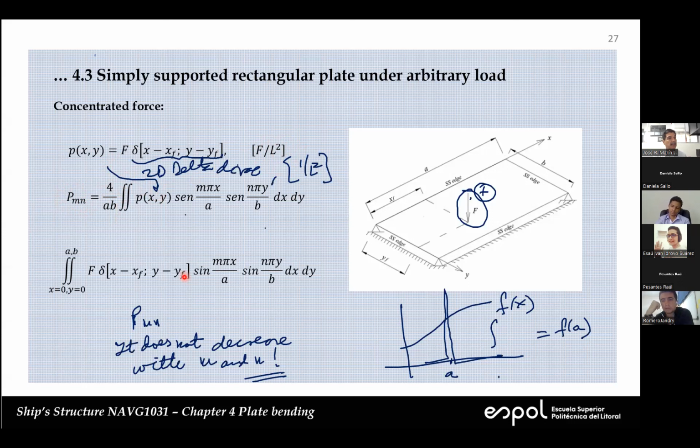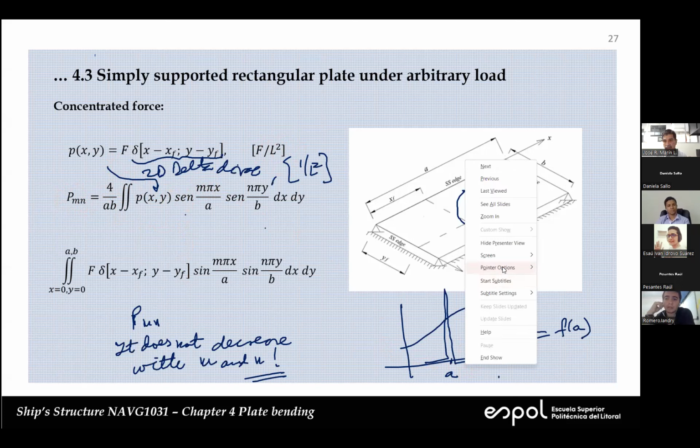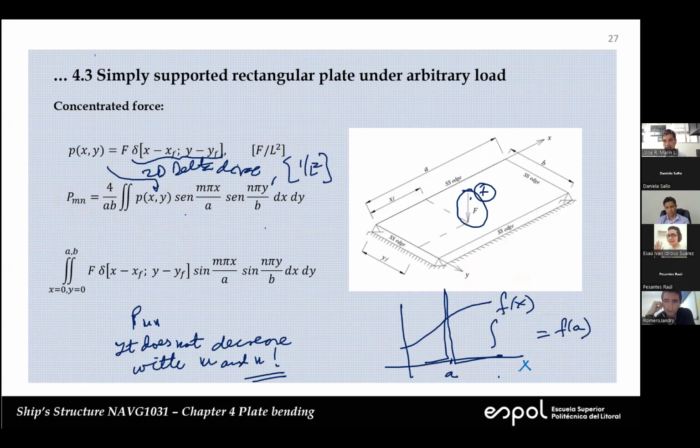And we can proceed to integrate. This is something that we did in chapter 3. If we have the product of a function f of x multiplied by a Dirac delta, delta of x minus a, you multiply those two and integrate.